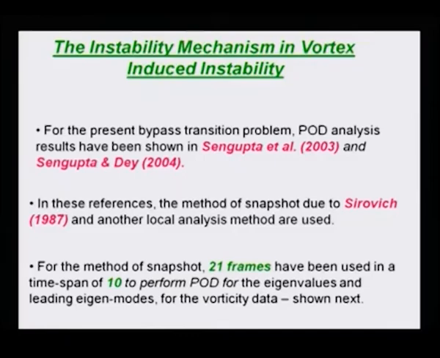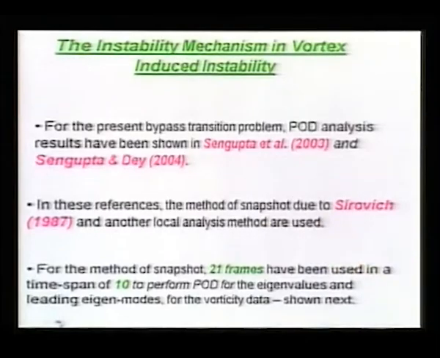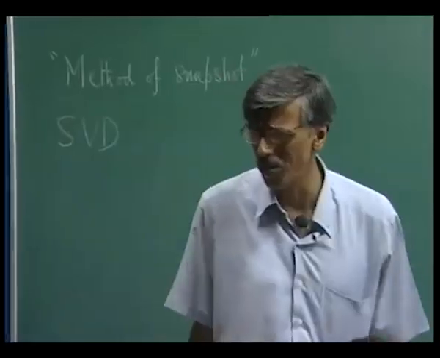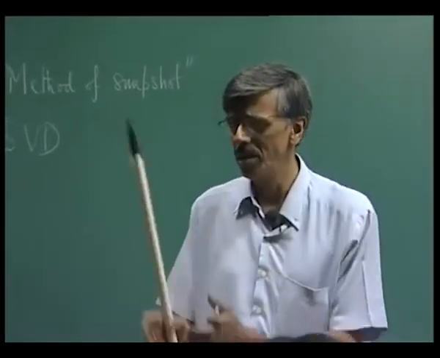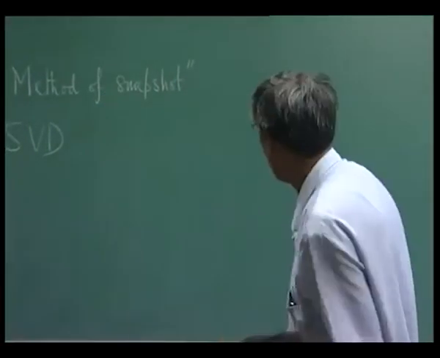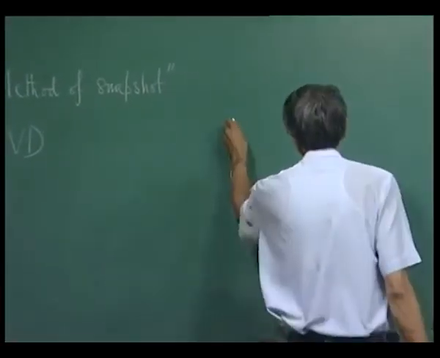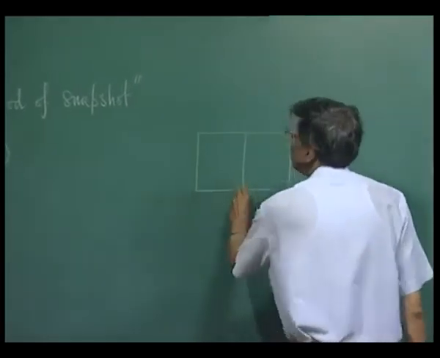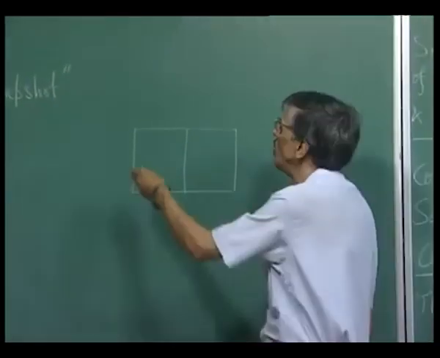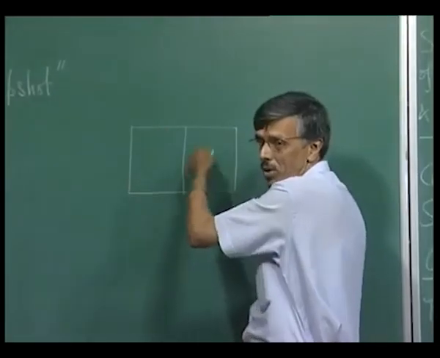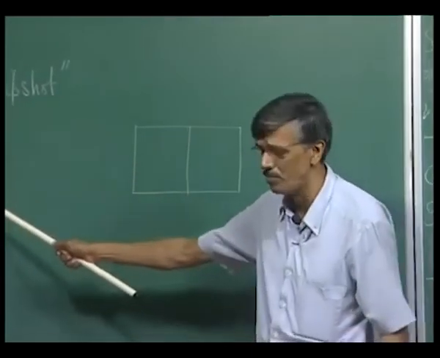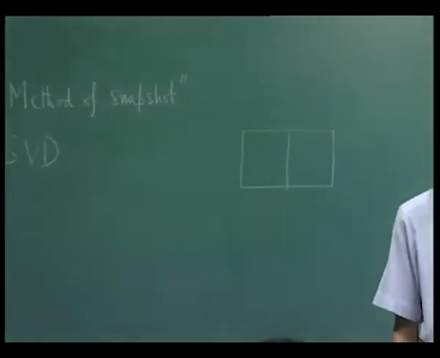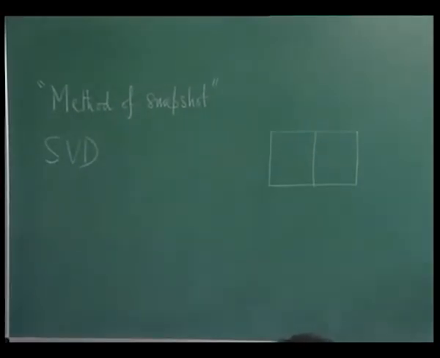The issue about this local analysis method, it is very robust. Suppose if I take a domain here and then split it into 2, and then I do POD on this part and POD on this part by using this orthogonal collocation method, Lang's collocation method.